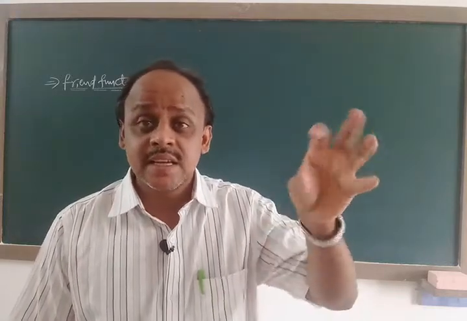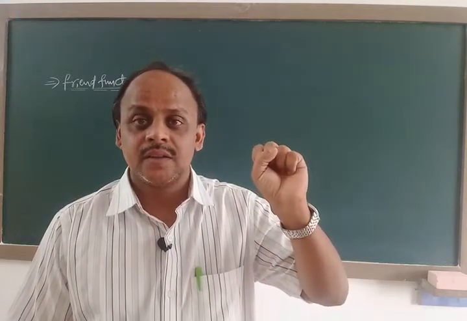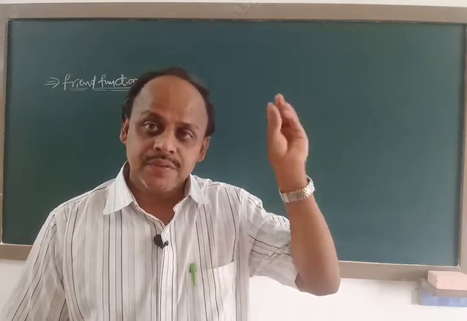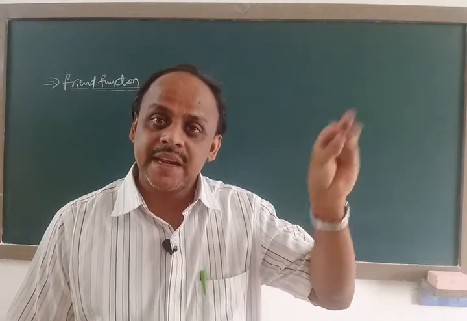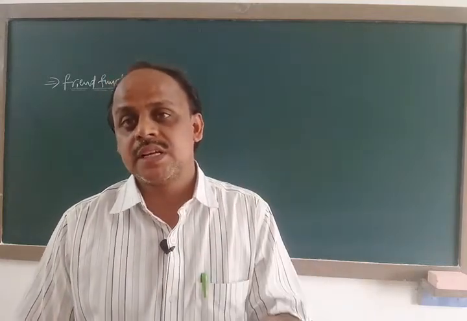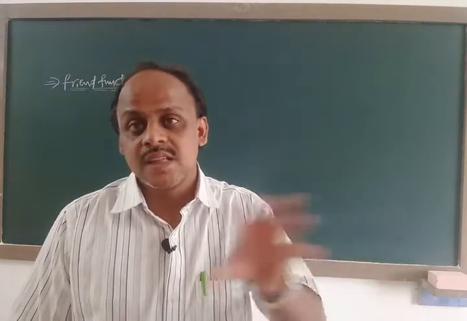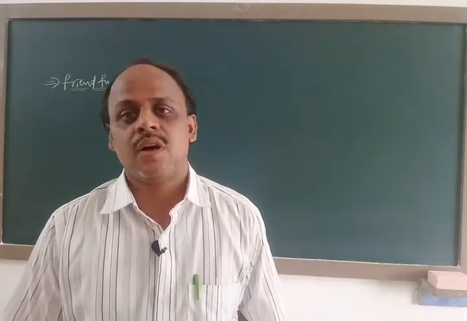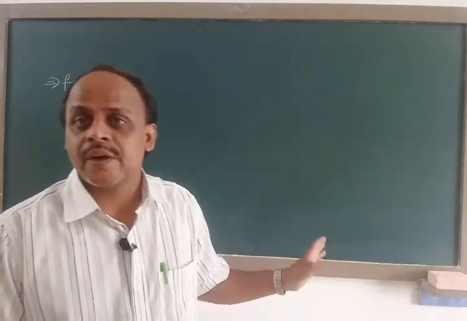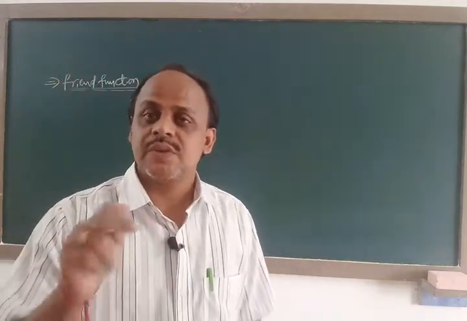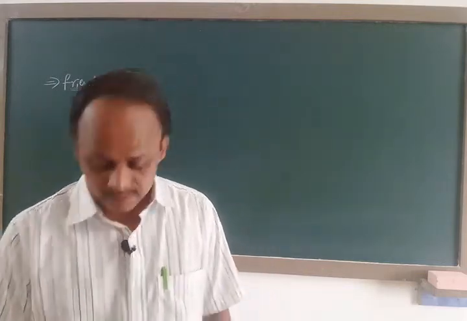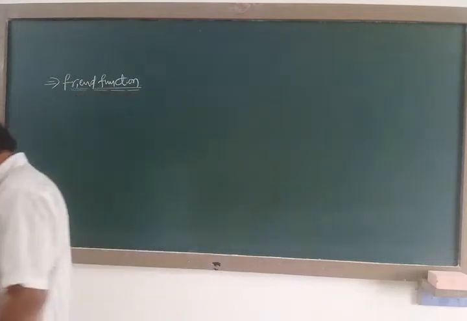Afterwards we get its remainder using the modulus operator. If after division the remainder is equal to 0, the number is even. If the remainder is not equal to 0, the number is odd. This is the concept. So now we have to write a C++ program to check whether the given number is even or odd using the friend function concept. Let us see.